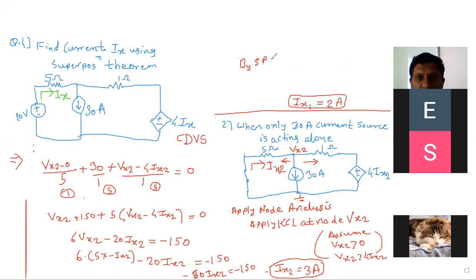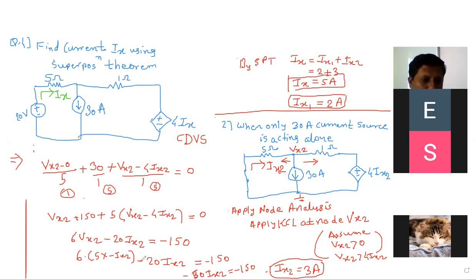Ix is equal to Ix1 plus Ix2, that is 2 plus 3, which gives 5 ampere. So this will be the Ix answer.